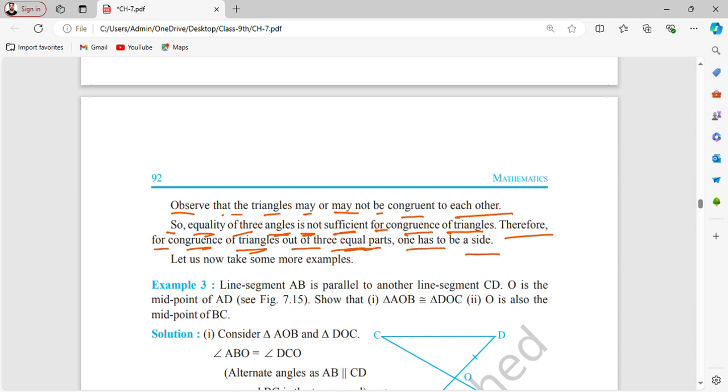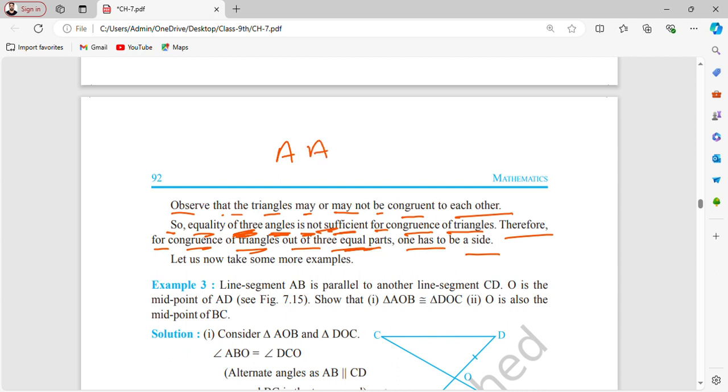This statement says that equality of three angles is not required for the congruency of a triangle.